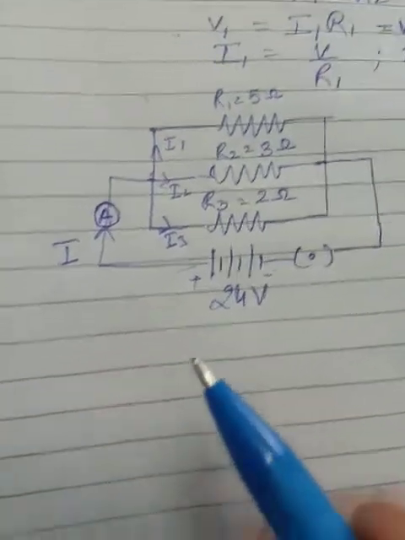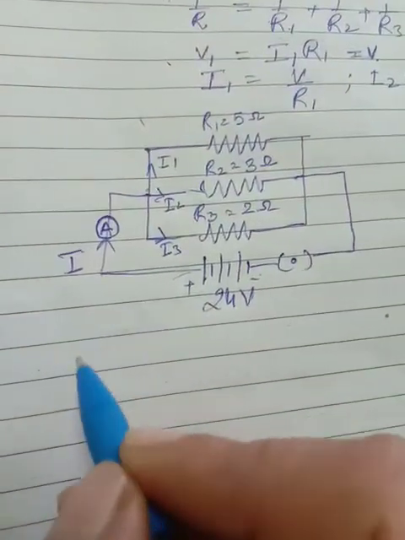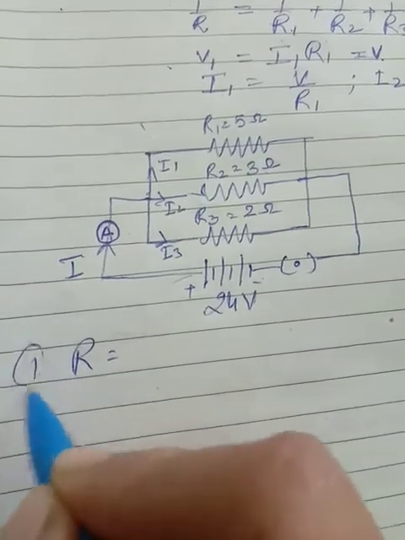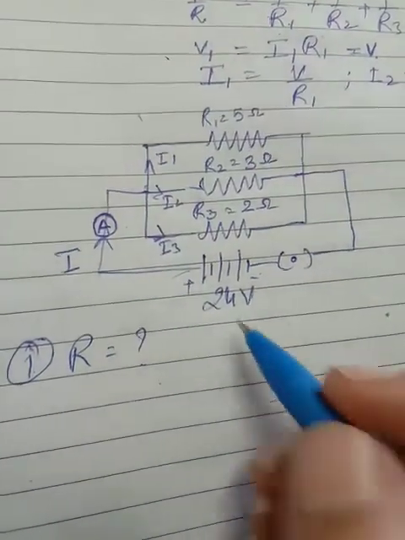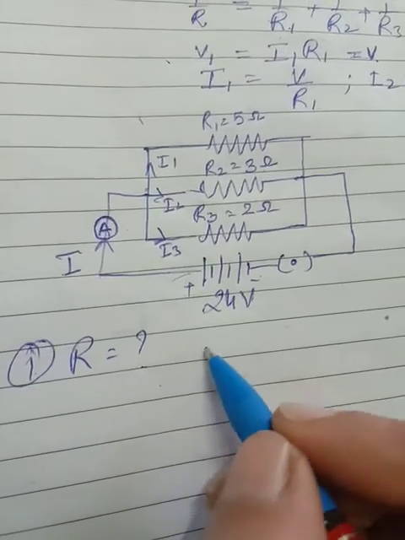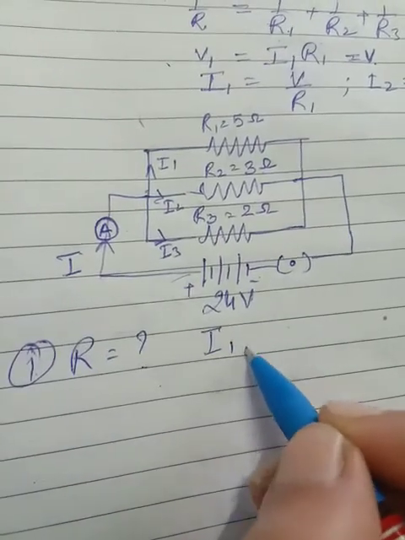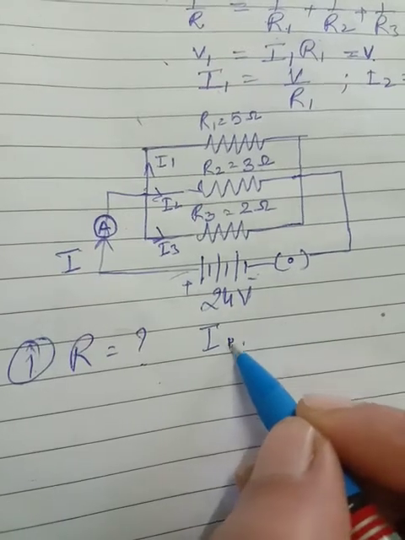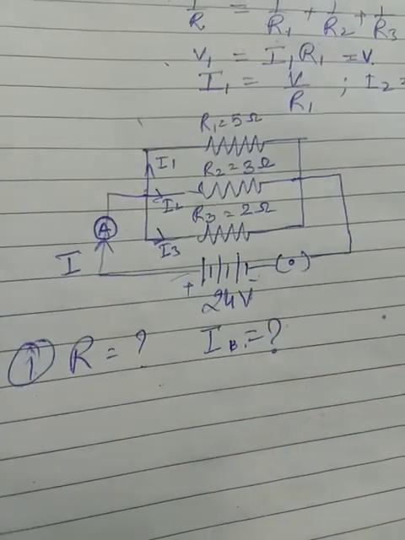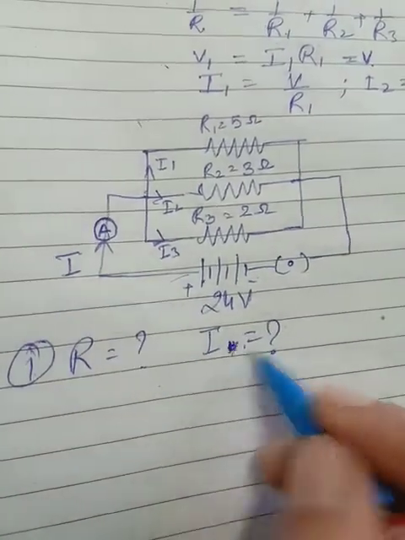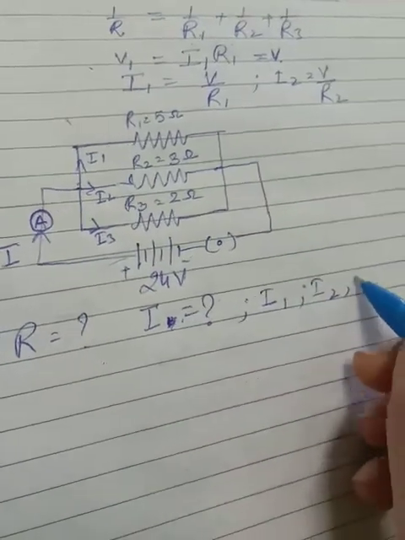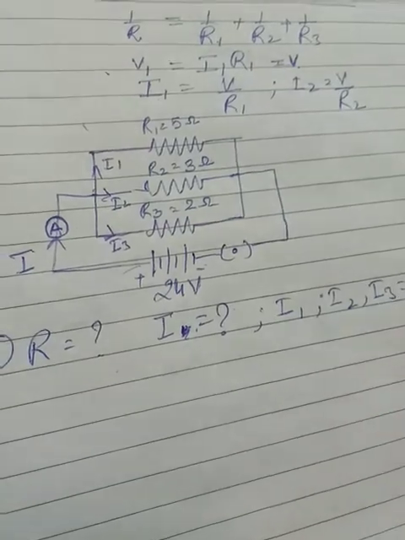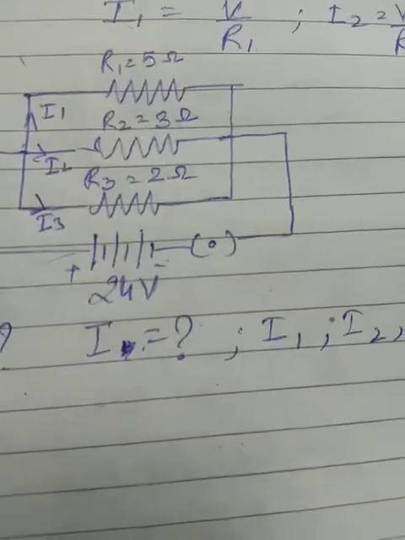The question asks what is the total resistance. So the first part is to find the net resistance. Then it may be asked how much is the total current I, and what is the value of I1, I2, I3, that is, the current through the first arm, second arm and third arm.